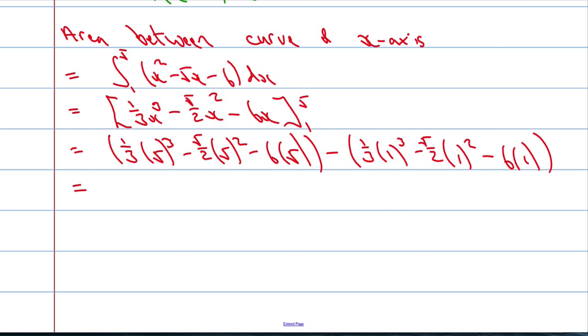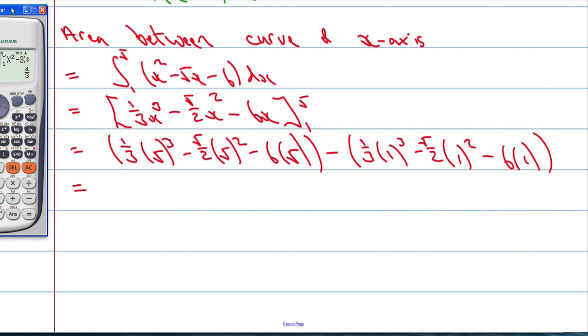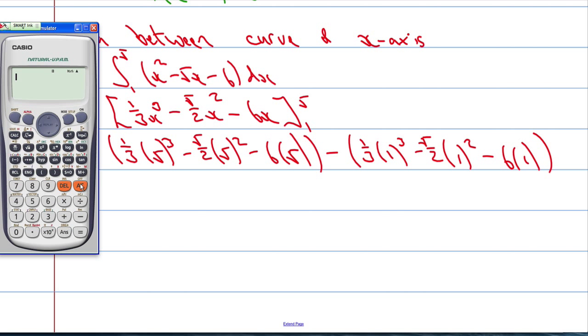Let's get this calculator out before we do any damage. So taking out the calculator, 1 over 3 times 5 cubed minus 5 over 2 times 5 squared minus 6 times 5.